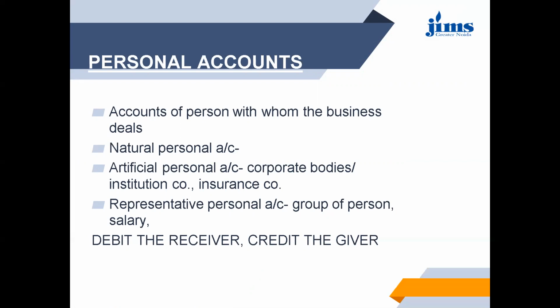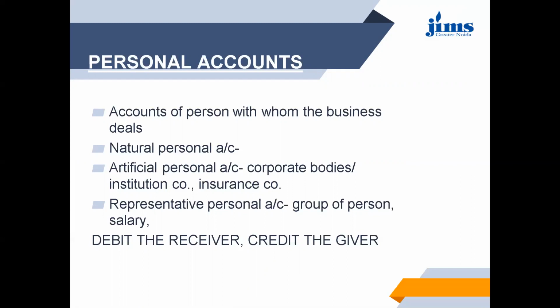Natural personal account means the living beings, persons like the suppliers or creditors, investors. Artificial personal accounts means the company. It can be a private company, a corporate body, an institution, insurance company, etc. Then representative personal account represents a group of people, like salary account.